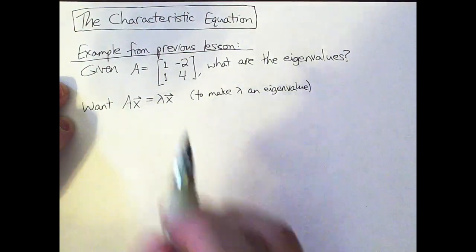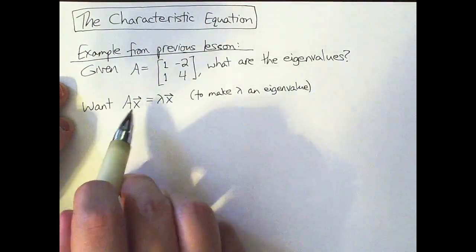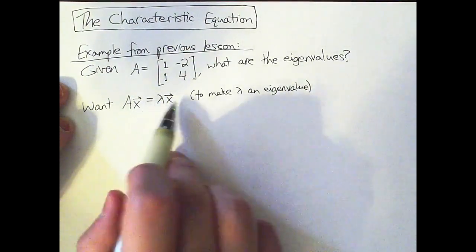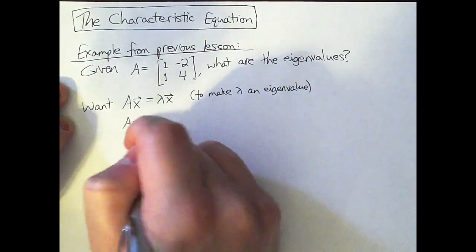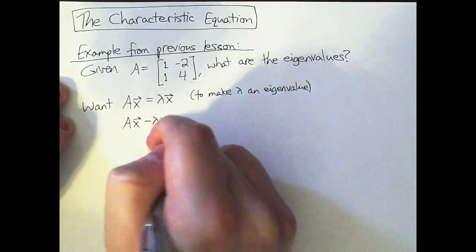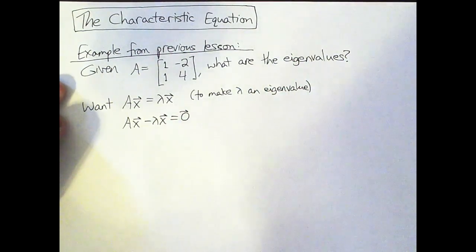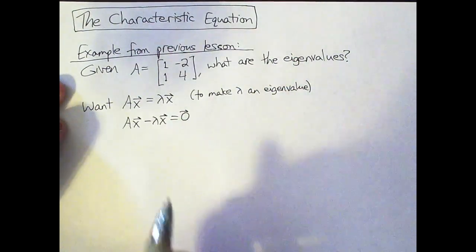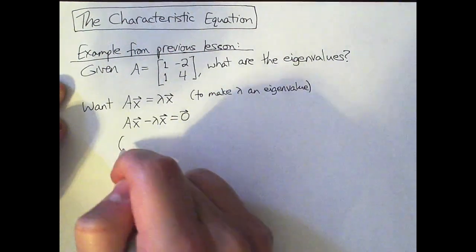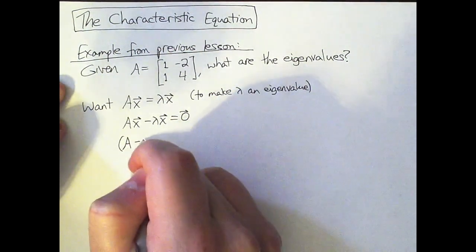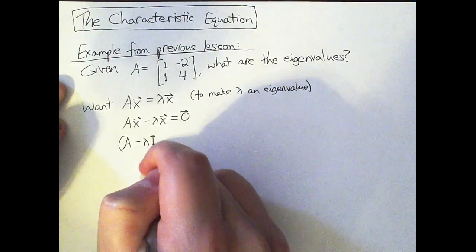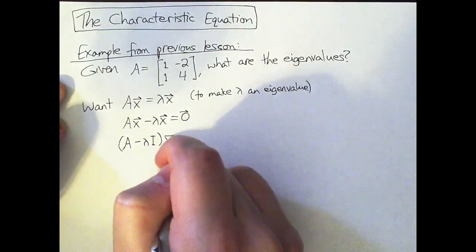We did this equation. I mean, this is an equation, right? Left-hand side equals right-hand side. We subtracted to make it look like this. And then we did kind of an interesting type of grouping where we said that this actually could be written as A minus lambda I, where I is the identity matrix.